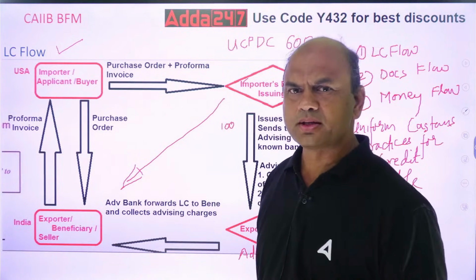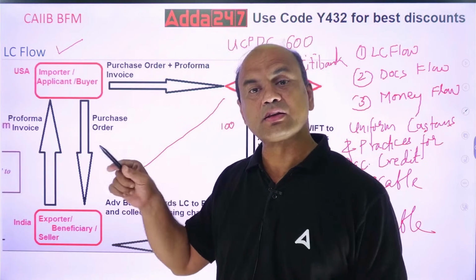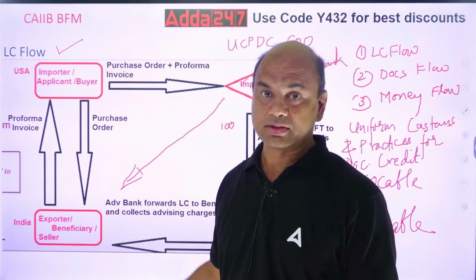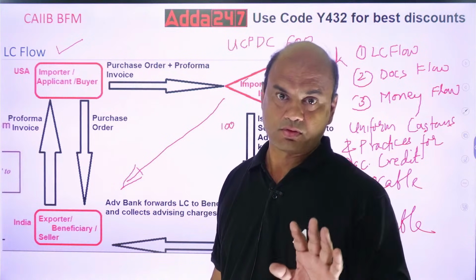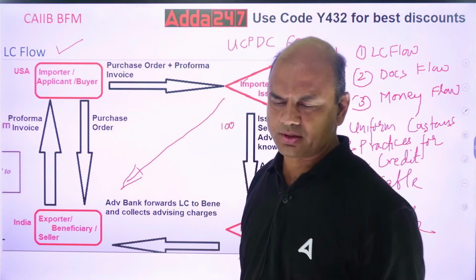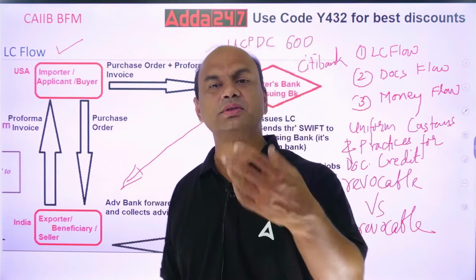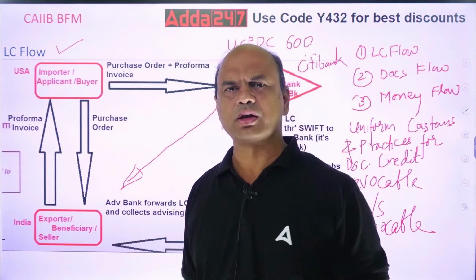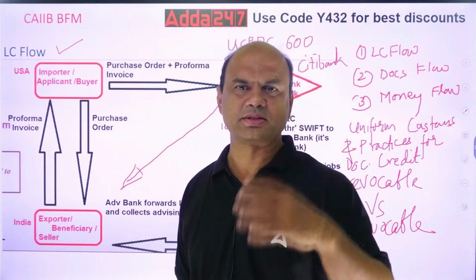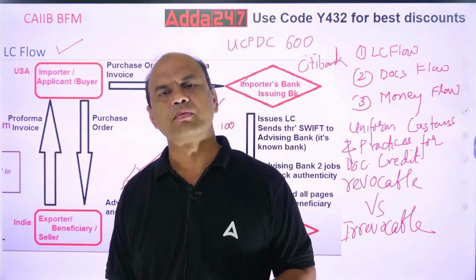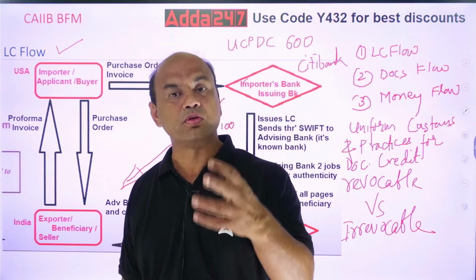So this seller will start manufacturing the goods. Obviously, suppose I give you an order, let's take one example, that you prepare 1,000 white plastic chairs and give them to me.